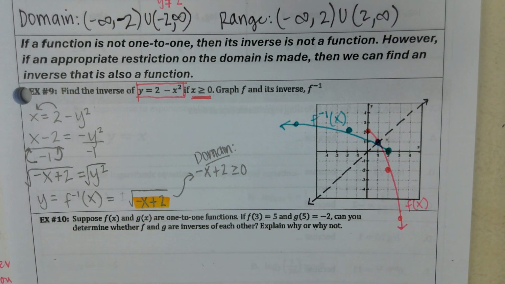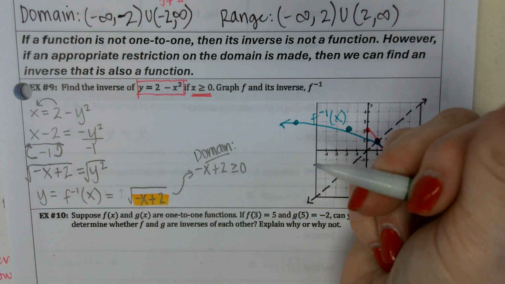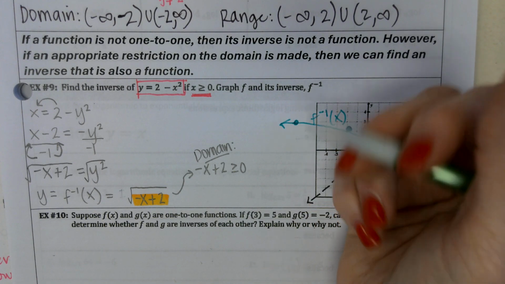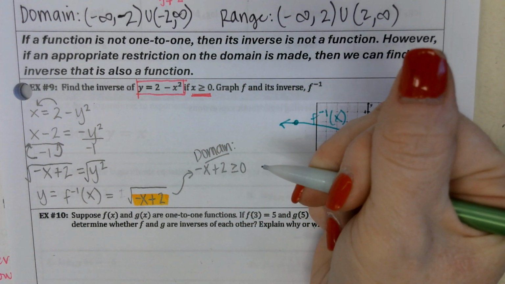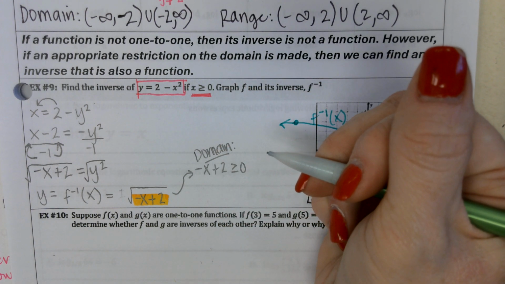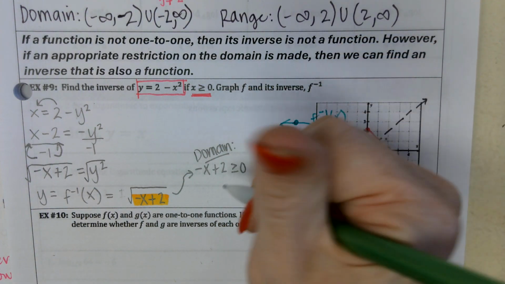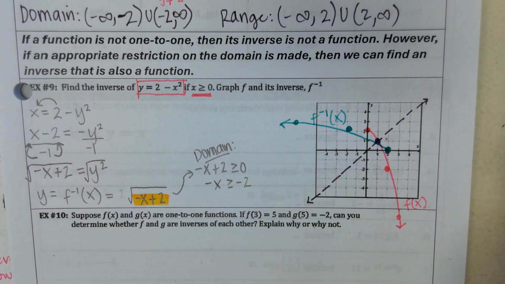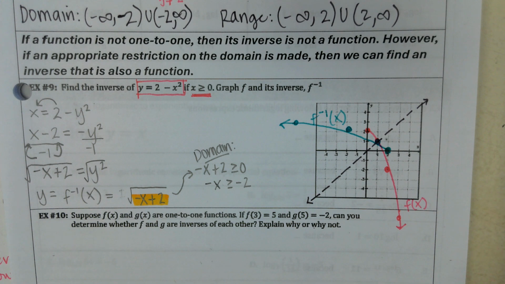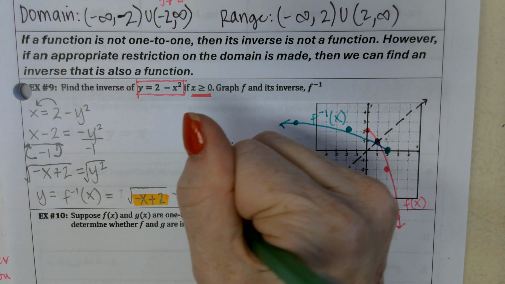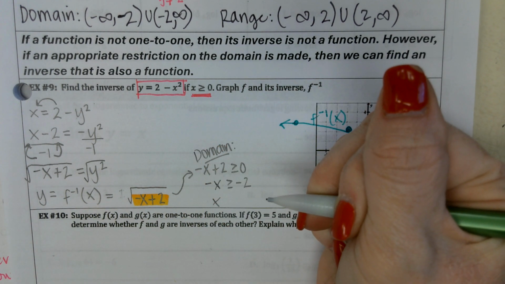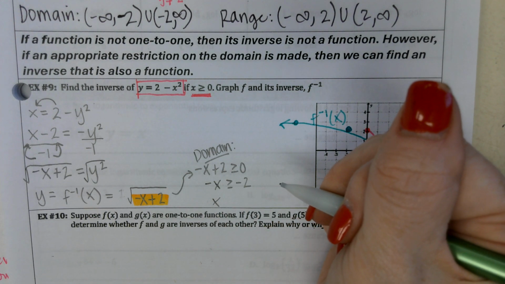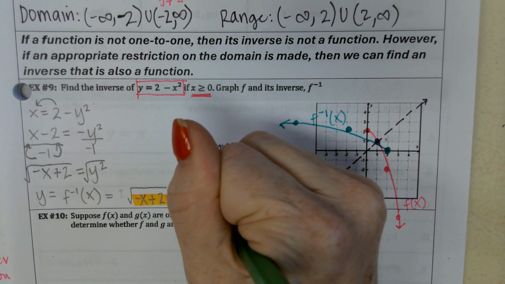So I want to solve for x. How do I start? Get x by itself. Which way do you want to do this? Subtract. Just subtract 2? Okay. All right. So that's going to give me -x is greater than or equal to -2. And then when I divide by -1, what happens? The negative is canceled out, but there's something that you have to do with your sign.